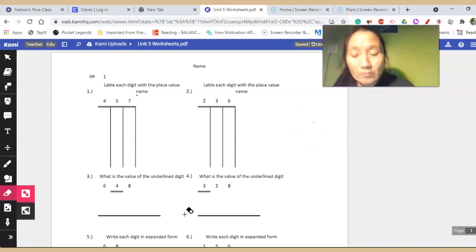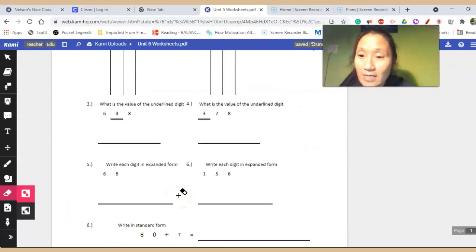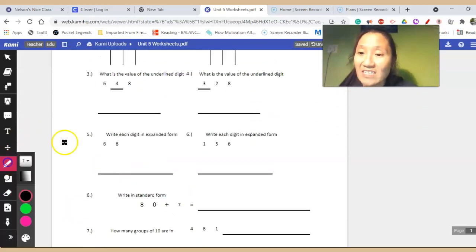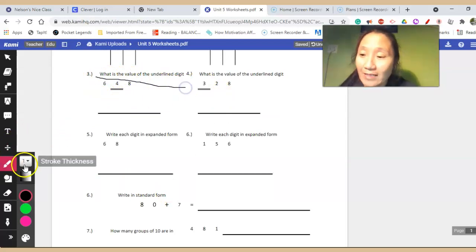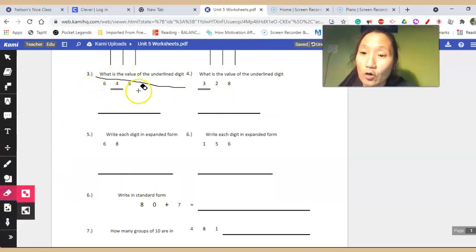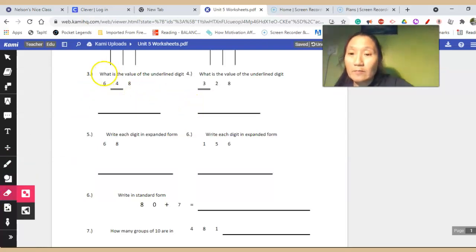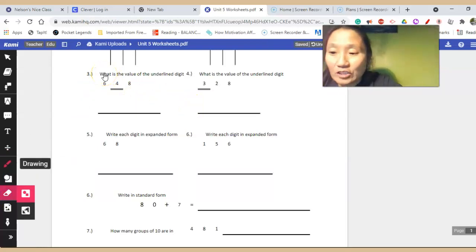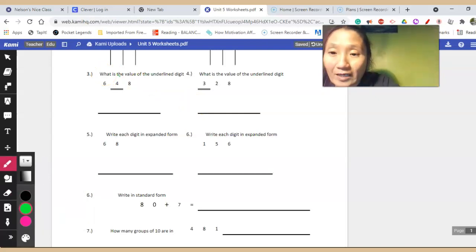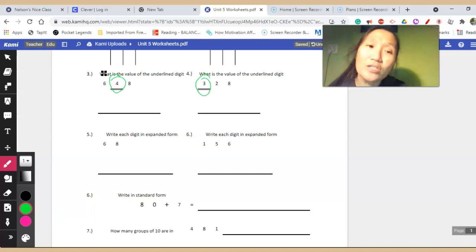All right, so the next problem, if you're looking down here, is saying what is the value of the underlined digit? So what is that value? We're going to look at the digit that's right here. How much is it worth?